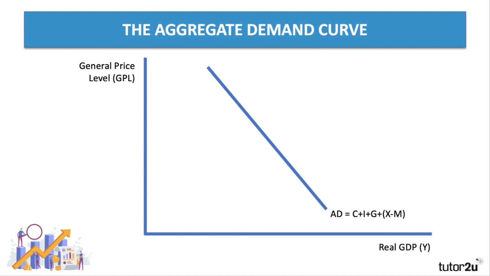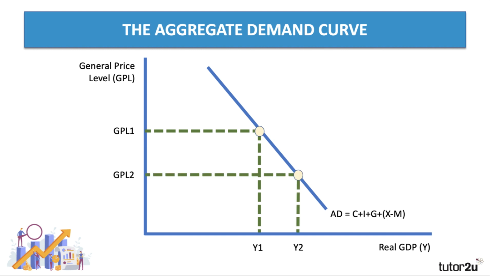The aggregate demand curve, C plus I plus G plus X minus M, normally slopes down from left to right. If we take a given price level of GPL1, it's consistent with the level of demand for goods and services produced within a country of Y1. Now, if GPL1 was to fall to GPL2, we'd expect to see an expansion or an extension of aggregate demand.